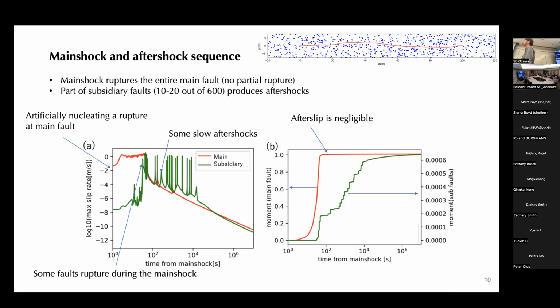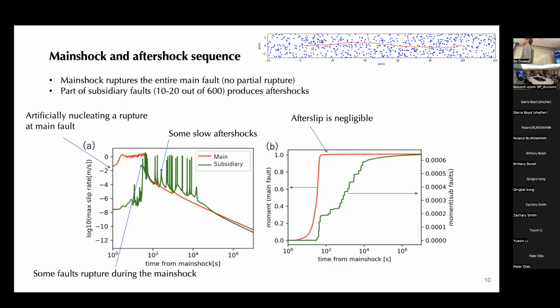Although it is decaying like afterslip, the absolute amount of slip is very small. That's why I argue that this model doesn't capture afterslip or post-seismic slip.